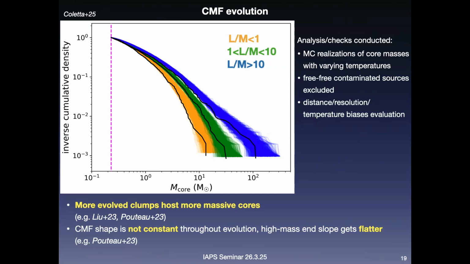You show that the number of cores grows on average with L over M, and also with the mass of the most massive.